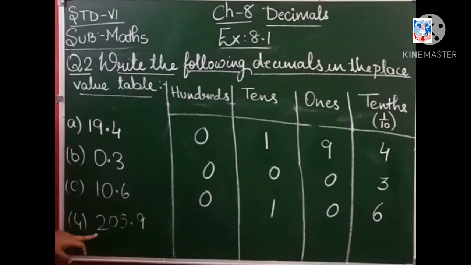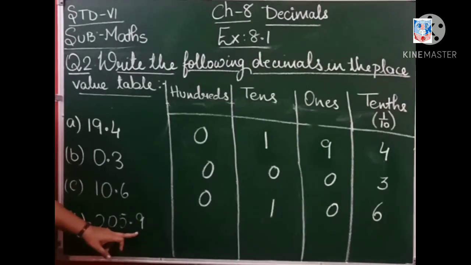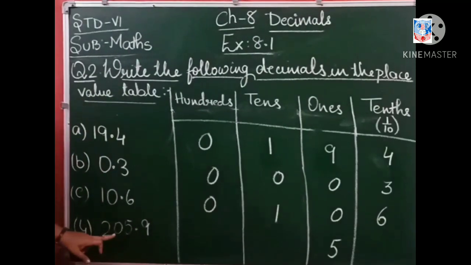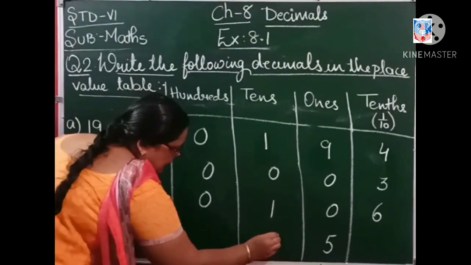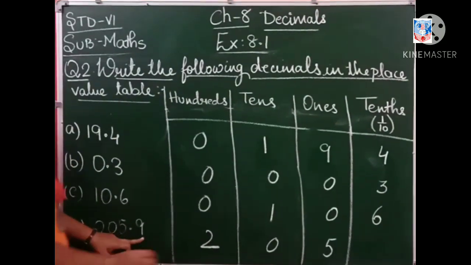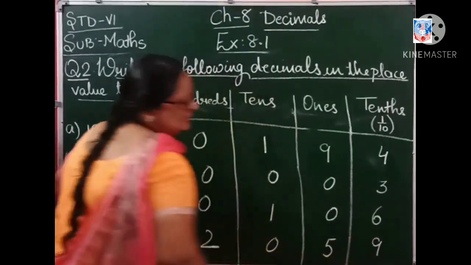Last is 205.9. 5 ones, 0 tens, 2 hundreds and 9 tenths.